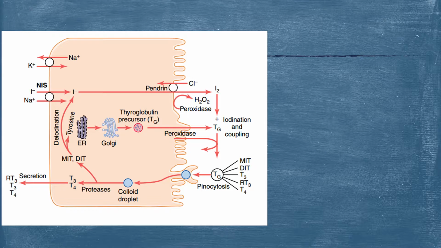Okay, once the iodide enters the cell, it goes out of the cell by the pendrin transporter. The pendrin transporter will exchange chloride to secrete iodide into the colloid.